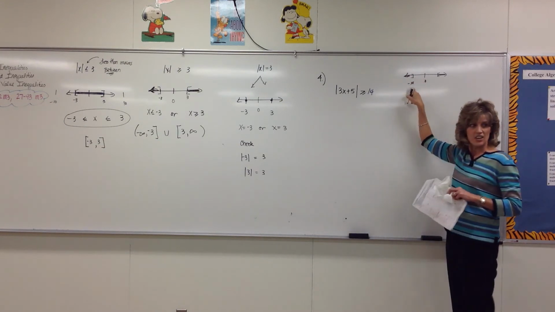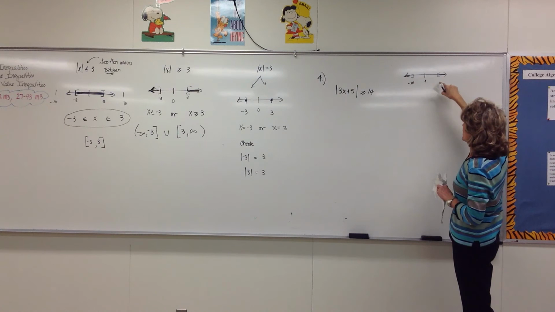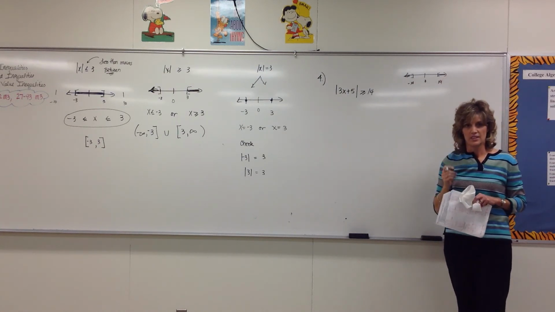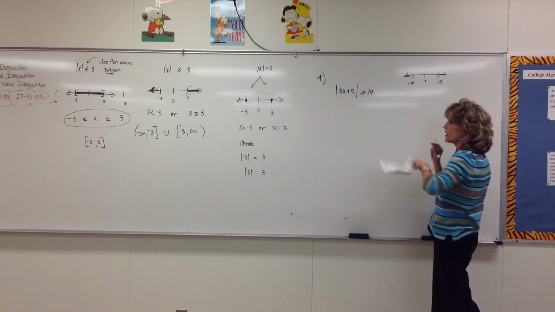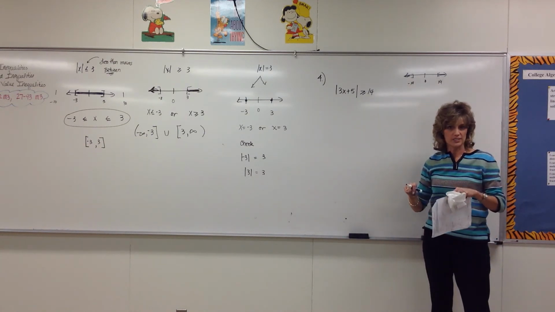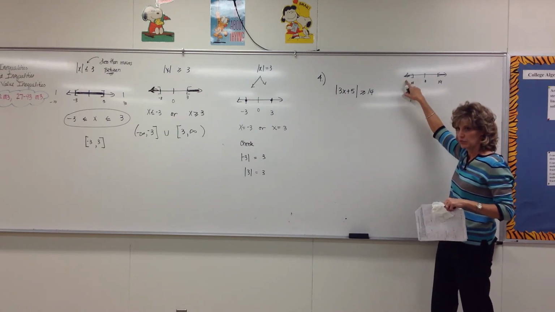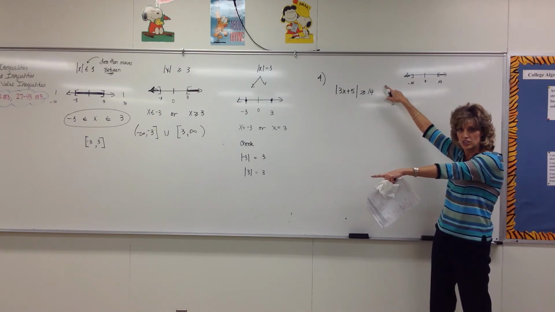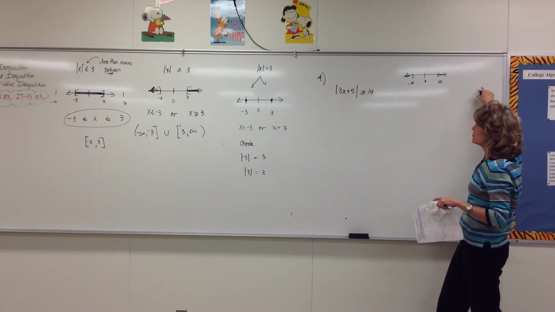So I can be standing on numbers that are to the left of -14, or I can be standing on numbers that are to the right of +14. Now what's happening with these numbers? Their distance from 0 is more than 14 both ways, right? But the numbers themselves, what's happening? -14, -15, -16. You're getting smaller as you go to the left. You're getting bigger as you go to the right.